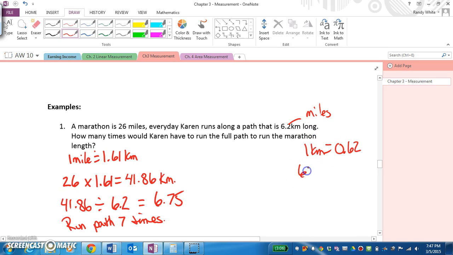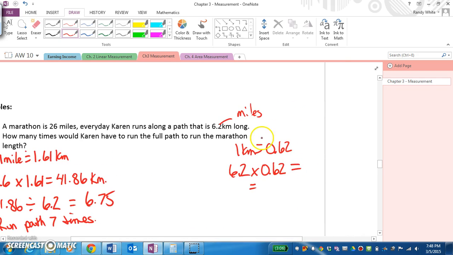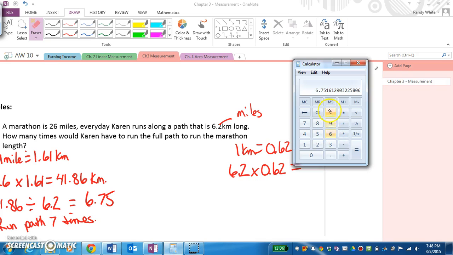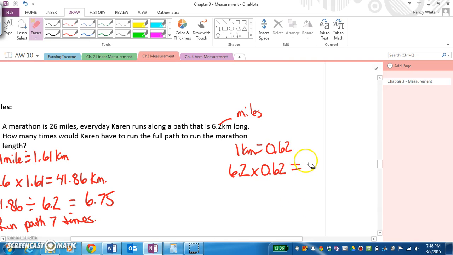So I will take the 6.2 kilometers and multiply that by the 0.62. So 6.2 times 0.62 is 3.844 miles.